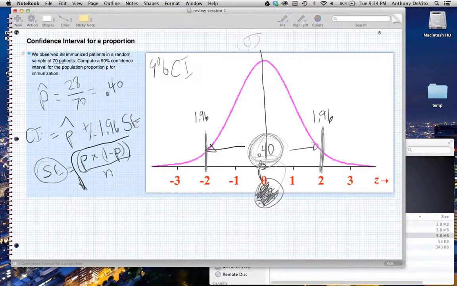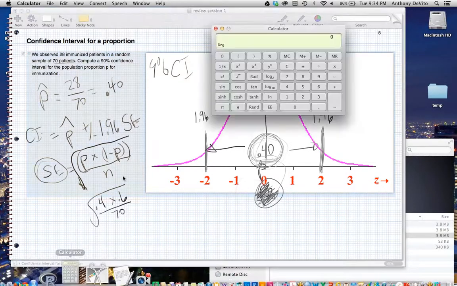I'm going to do that right now, so we can get that number. 0.4 times 0.6, since 1 minus P is 0.6, over 70. And we want to get the square root of that. So I'll get my calculator out. I'll do the inside of the square root first.